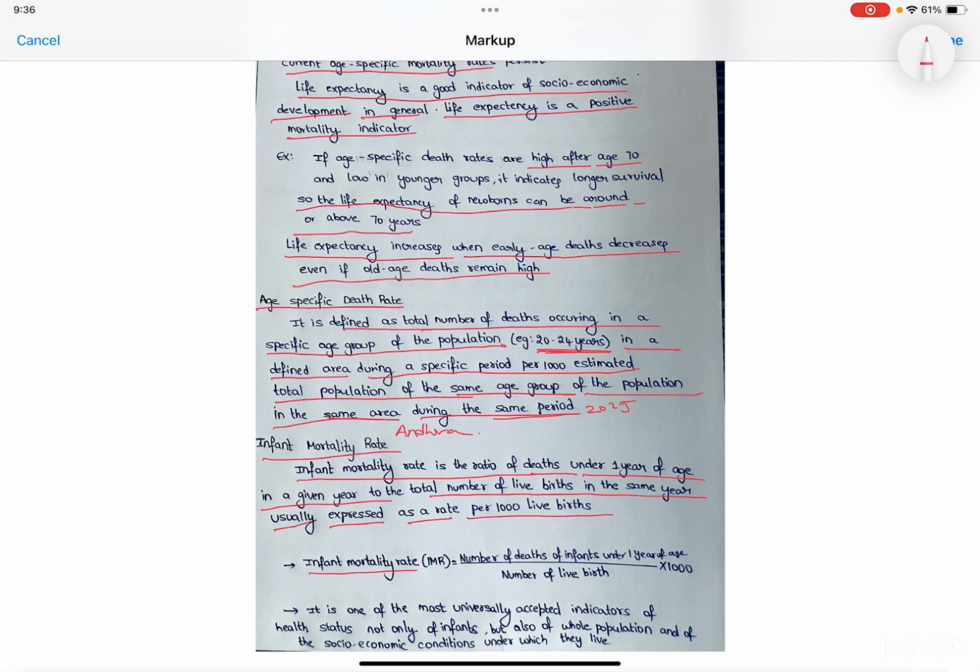Infant mortality rate is the number of deaths of infants under 1 year of age divided by the number of live births, multiplied by 1000. It is one of the most universally accepted indicators of health status, not only of infants but also of the whole population and of the socio-economic condition under which they live.